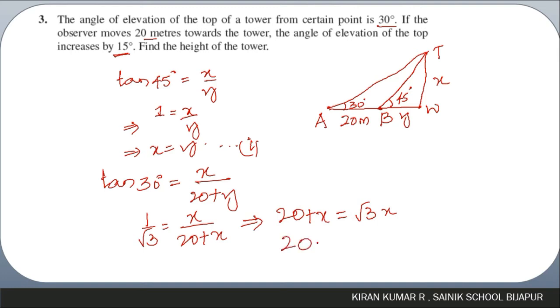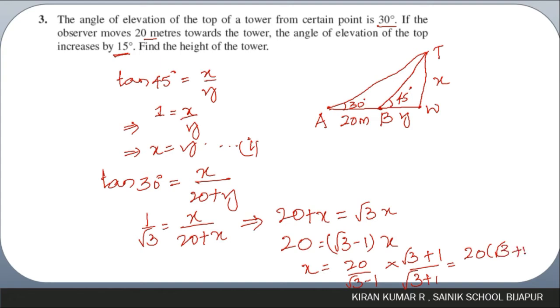So 20 will be equal to root 3 minus 1 times x. So x will be equal to 20 upon root 3 minus 1. I can rationalize the denominator by multiplying root 3 plus 1 to both numerator and the denominator. It becomes 20 times root 3 plus 1 divided by 2.